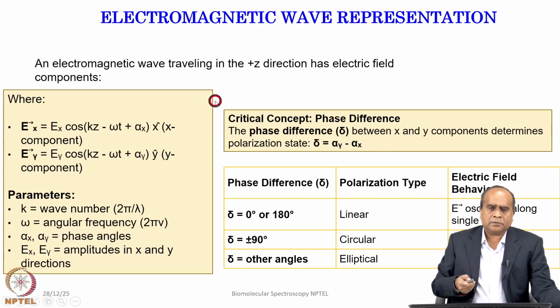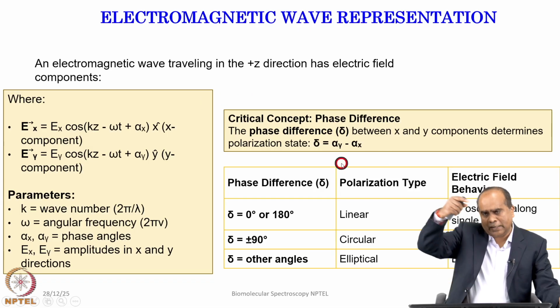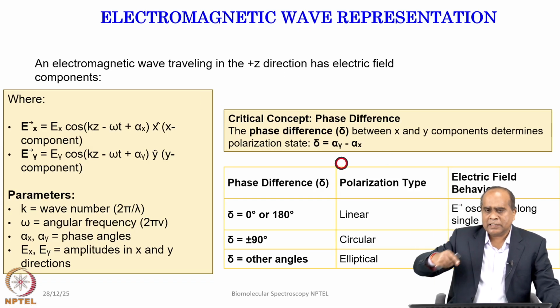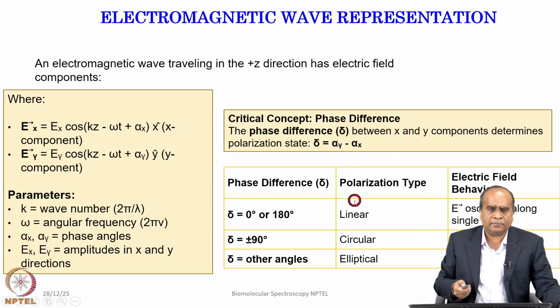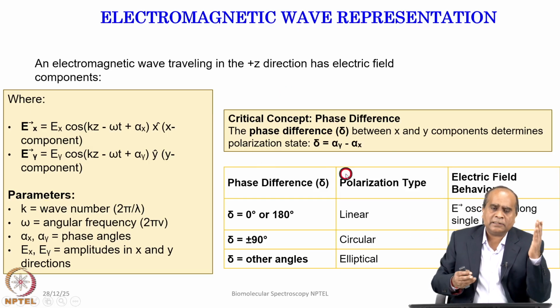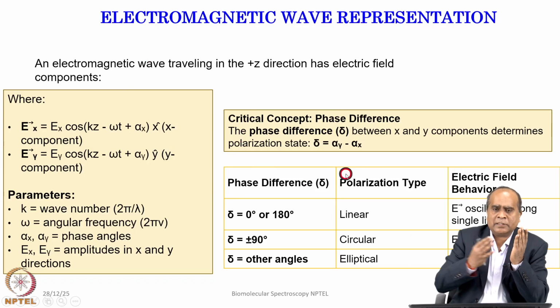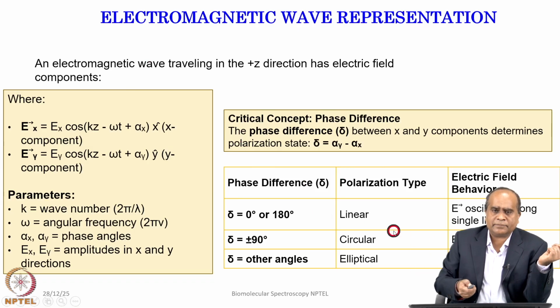So, the phase difference: like two waves, if they are on top of each other, there is a 0 phase difference, but if one is lagging and one is leading, then you have a phase difference. So, the x y components determine the polarization state. Delta is, suppose, the phase difference between E y and E x.